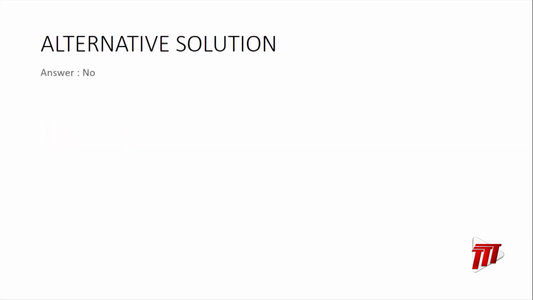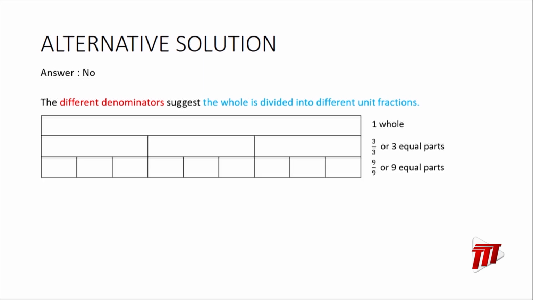An alternative solution is to think about what the numerator suggests. The different denominator suggests that the whole is divided into a different number of equal parts. So for example, if I have one whole and I divide it into 3 equal parts, I would get thirds. If I divide each of those thirds into 3 equal parts, I will get 9 equal parts.